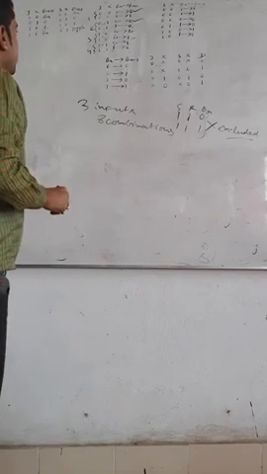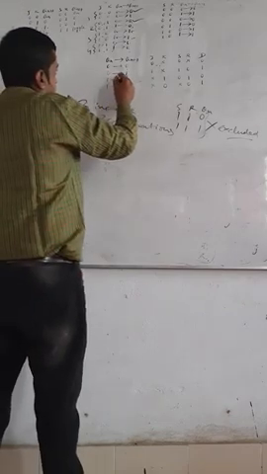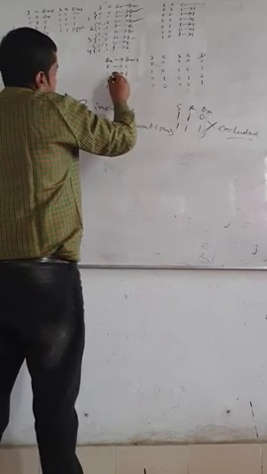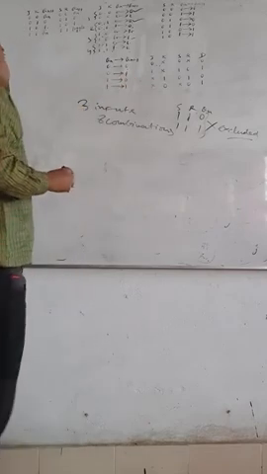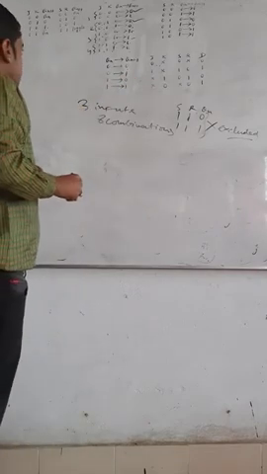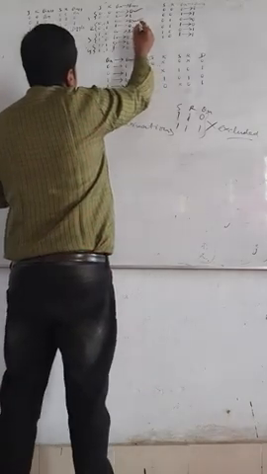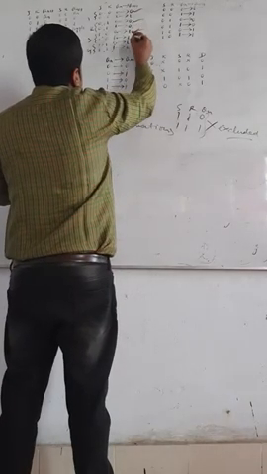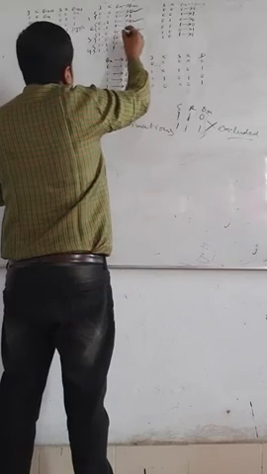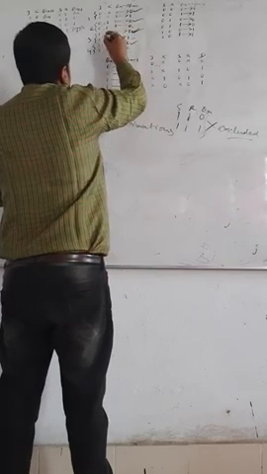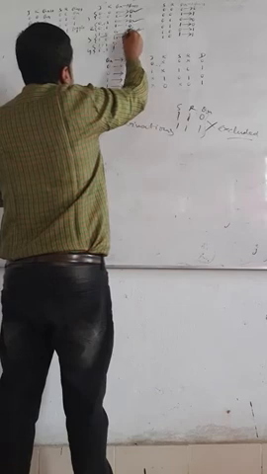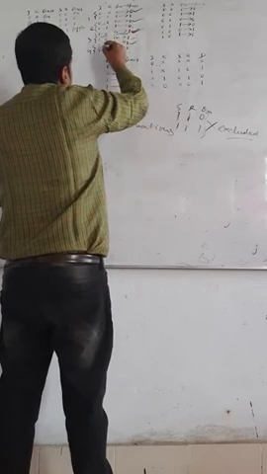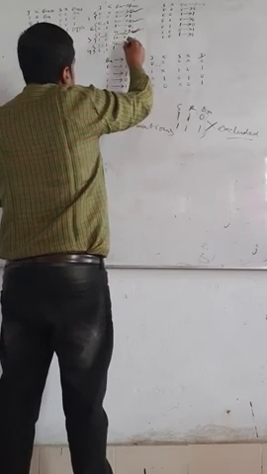In which of the cases do we have 0 to 1 in the state transition table? In which of the cases do we find a 0 to 1 change? Here 1, 1 in here, 1 in here. So 1 0 and 1 1 give a 0 to 1 state change.